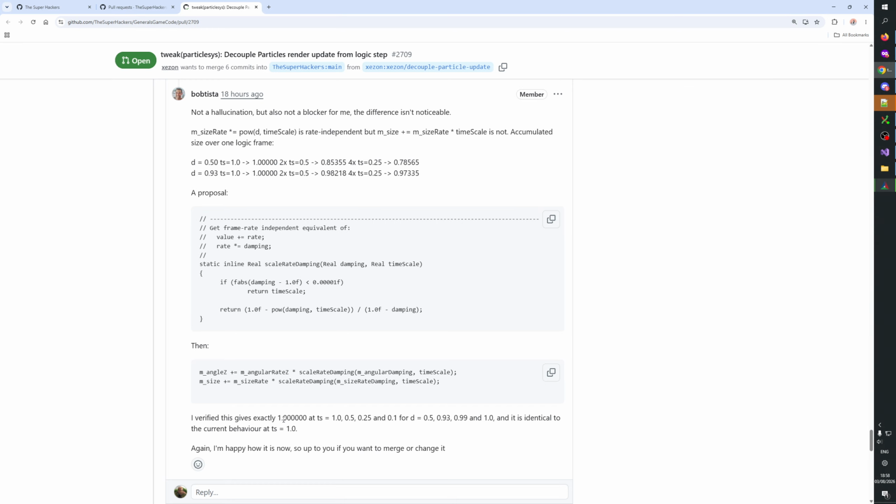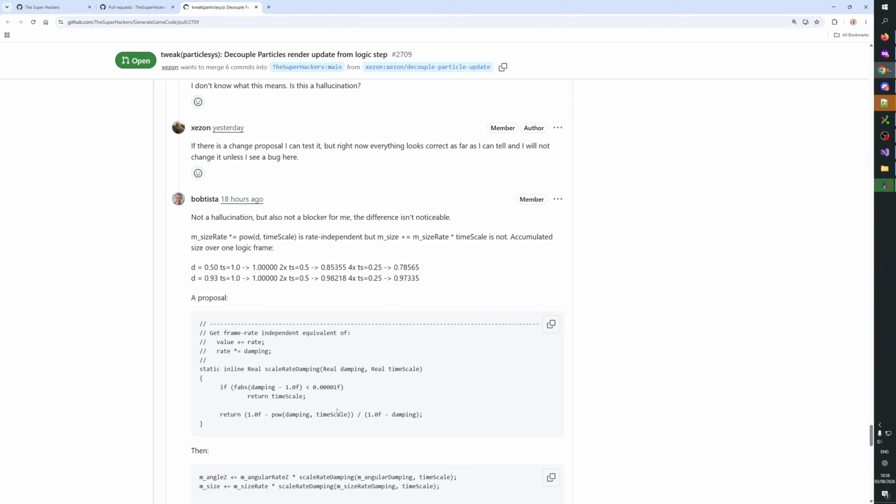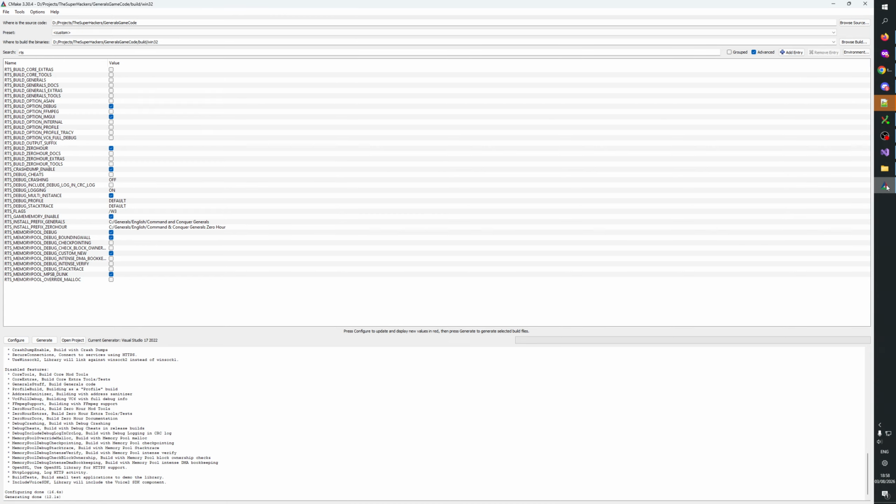This gives exactly 1 at TS 105 0.251 for delta 05 93 99 10. It is identical to the current behavior. Okay, let's test if that fixes anything.